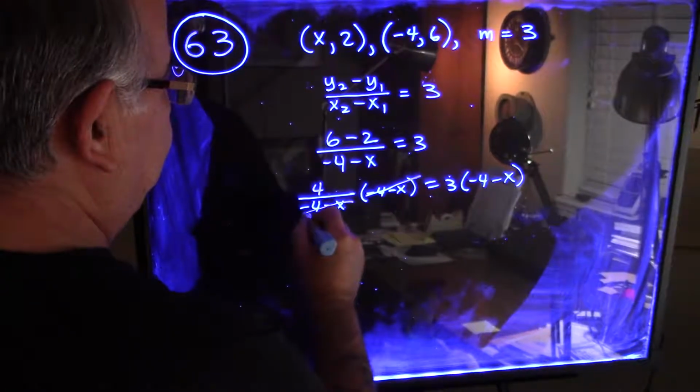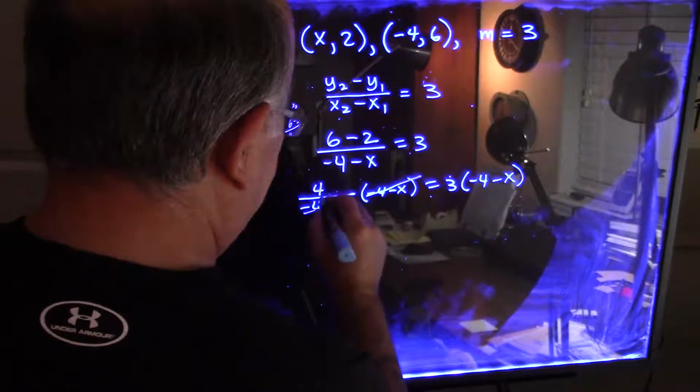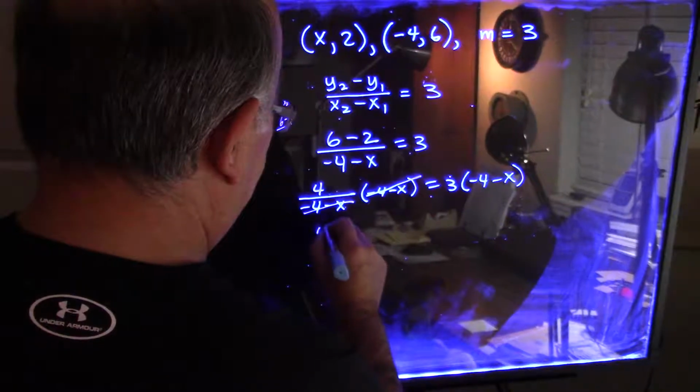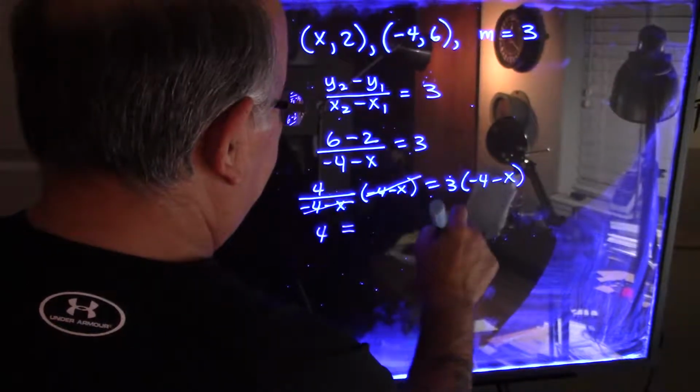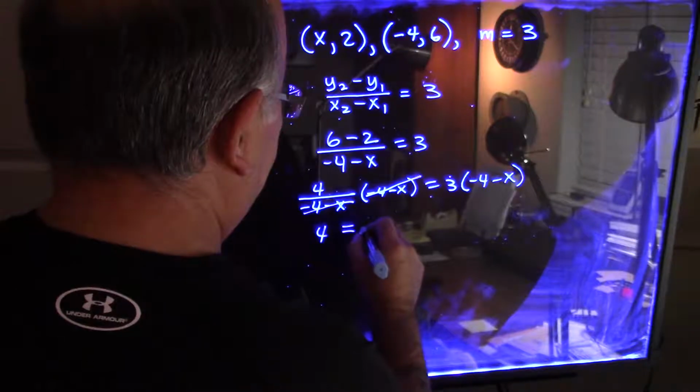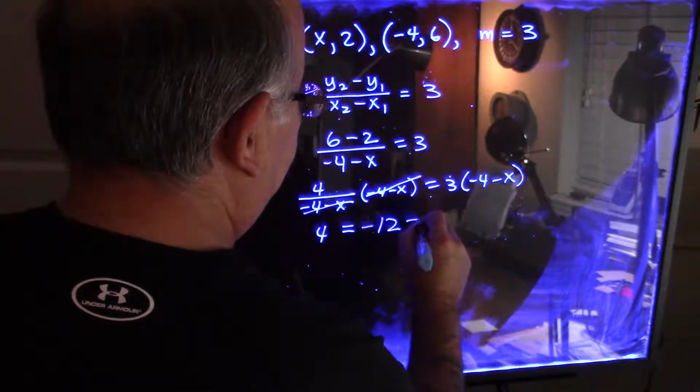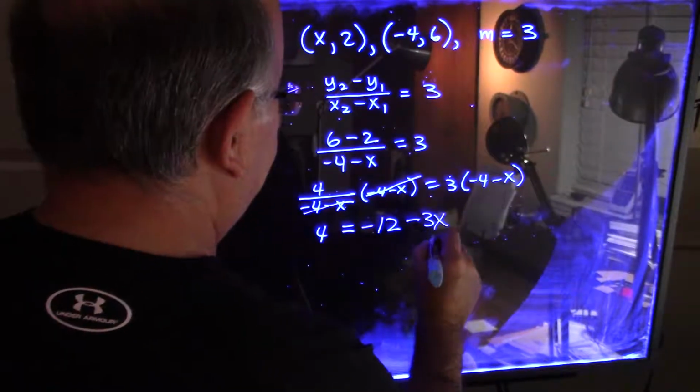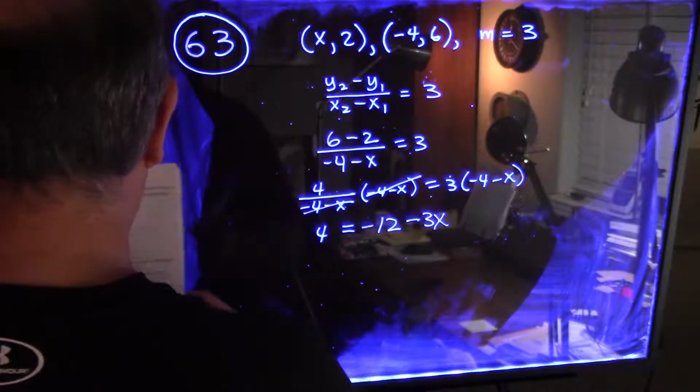Cancel, cancel. Oh, don't you love canceling? Yeah, 4 equals, and then distribute that through, -12 minus 3x. Solve that for x.